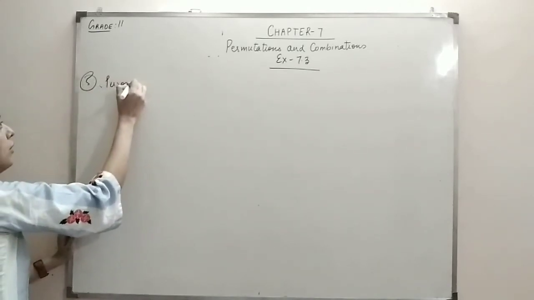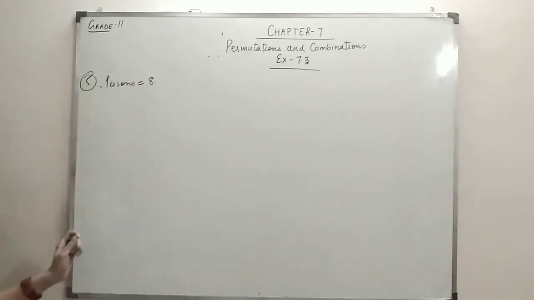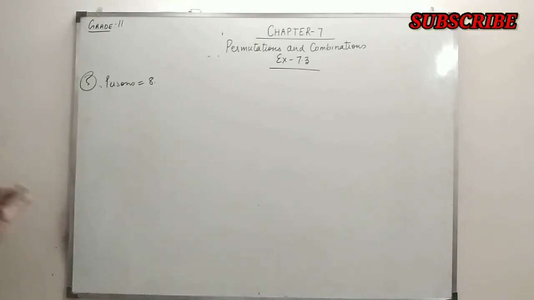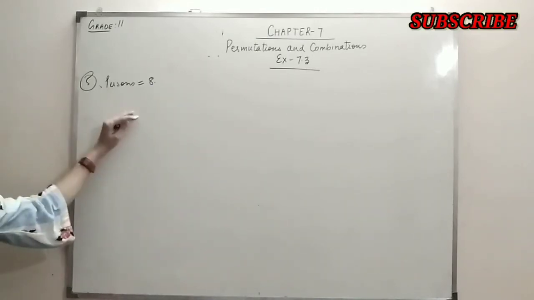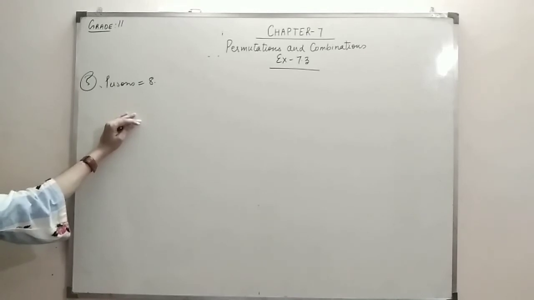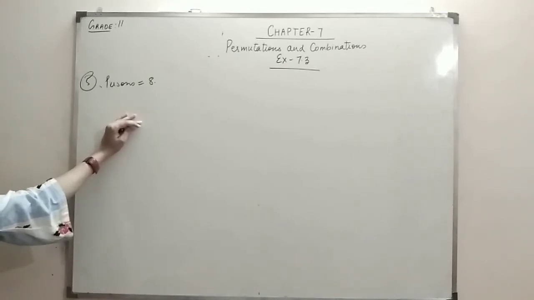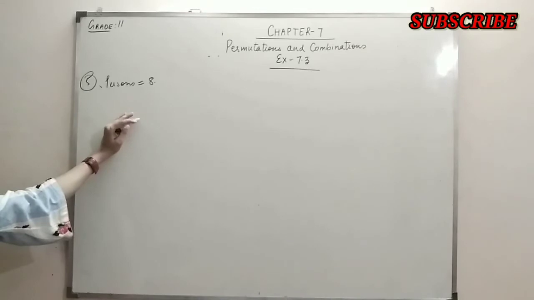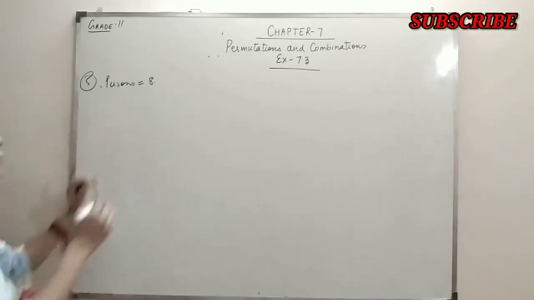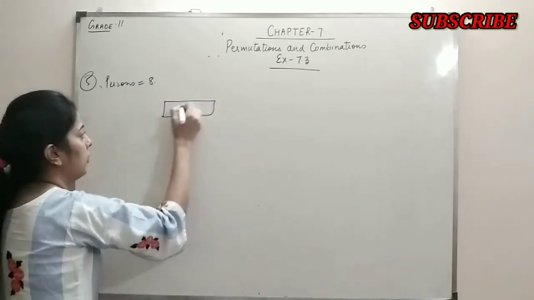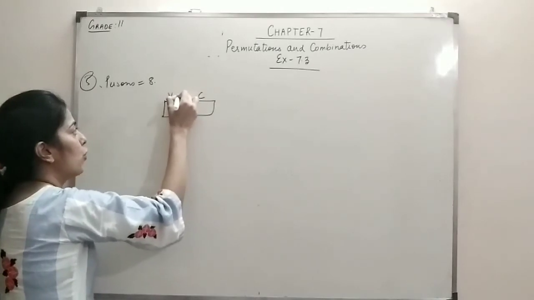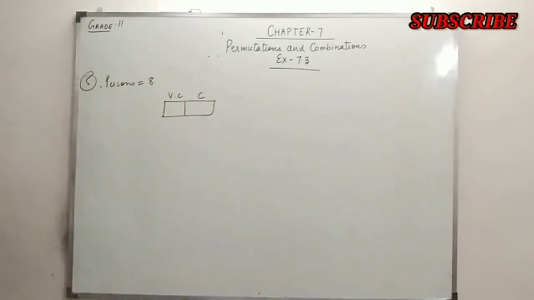In how many ways can we choose a chairman and a vice chairman, assuming one person cannot hold more than one post? Out of 8 persons, we have to choose a chairman and a vice chairman. It means we have to fill 2 posts, one of chairman and one of vice chairman, and one person can hold one post only.